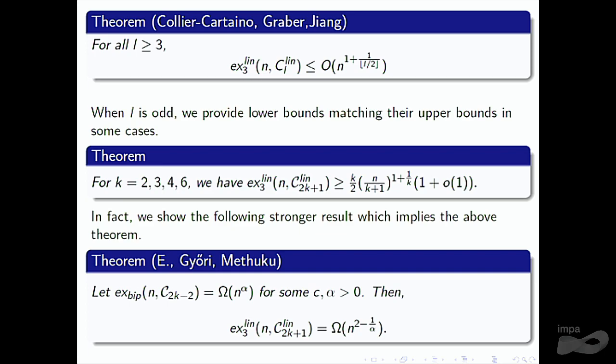Sorry? What is this conjecture? That's the extremal number of these. So forbidding C2k plus 1 has order of magnitude n to the 1 plus 1 over k minus 1, but no, I think Beka is talking about the general graph question.